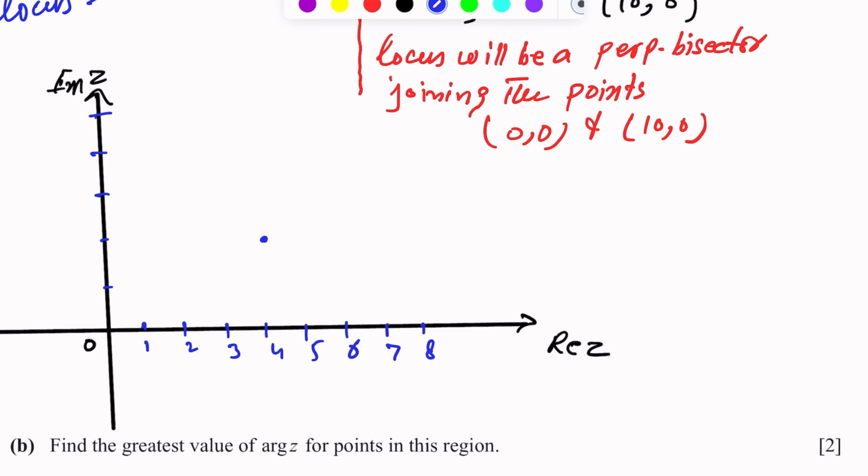This is the center of the circle, and the radius is 3. So the locus will be this circle.